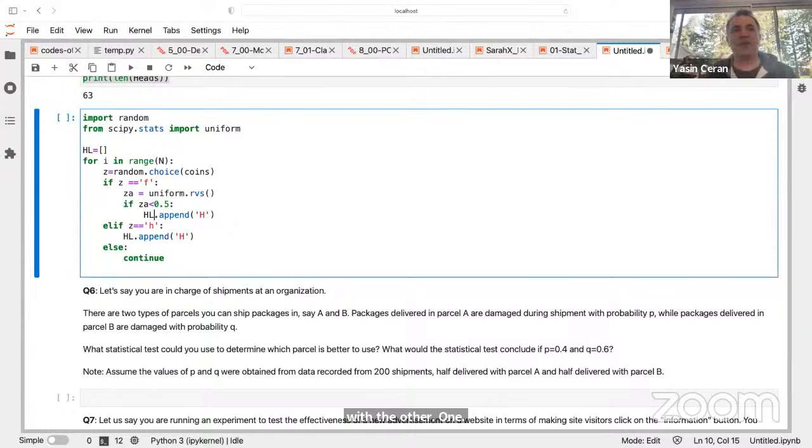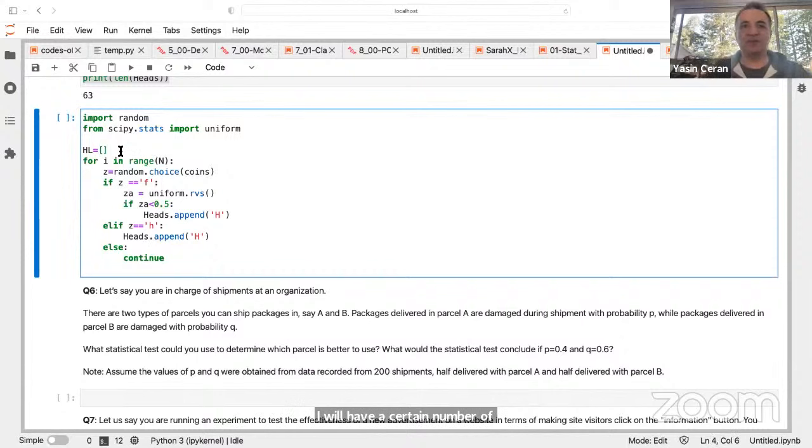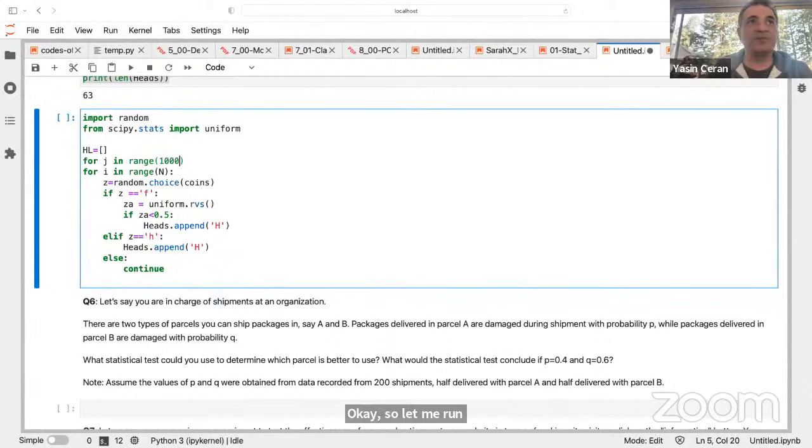Let me see how I should do this. No, I'm sorry. Let's just take this back, heads, because I'm going to repeat this many times. Each time I will have a certain number of heads, and I'm going to keep those numbers of heads inside HL. Let me run this for J in range, I don't know, 1,000 times.